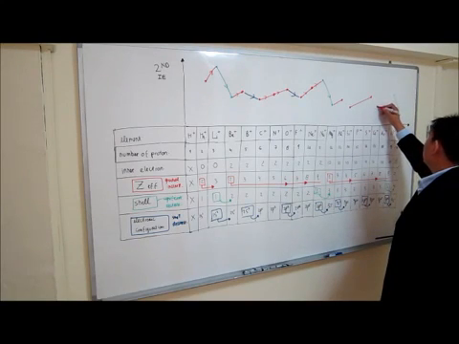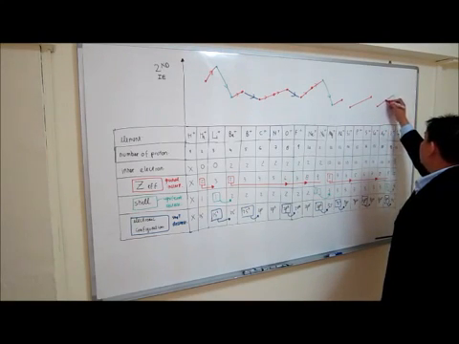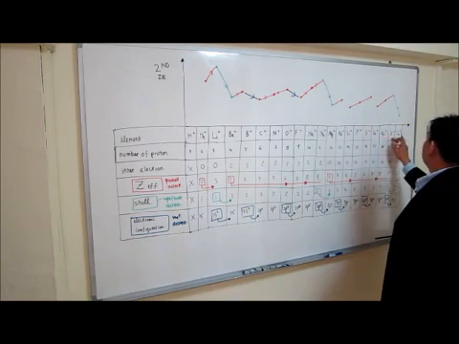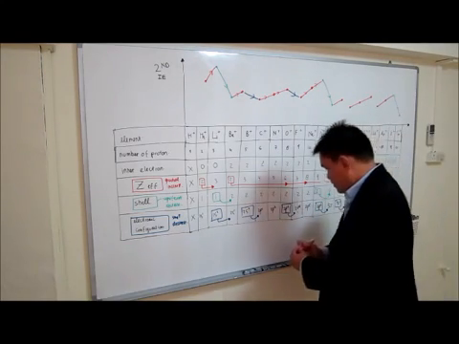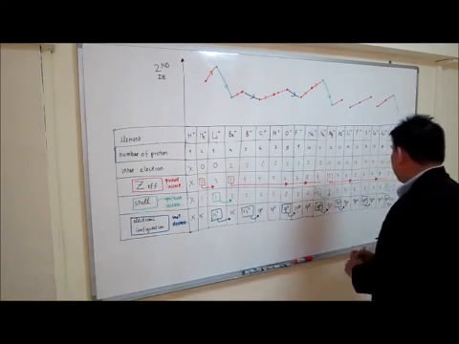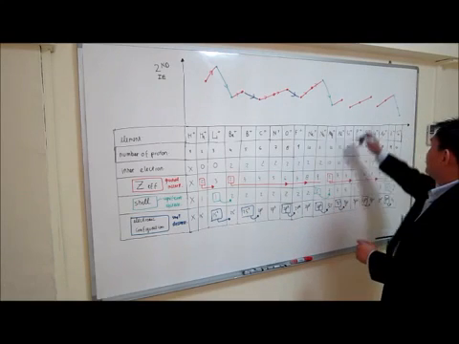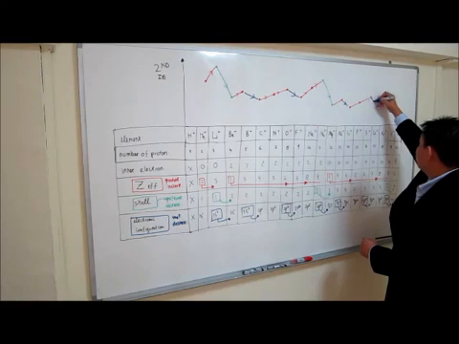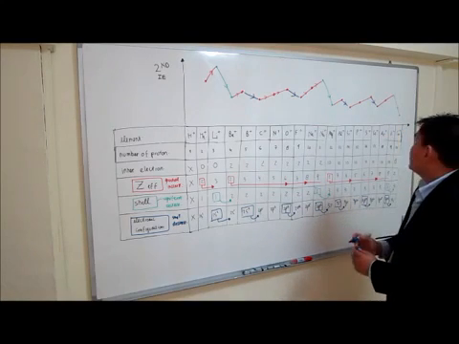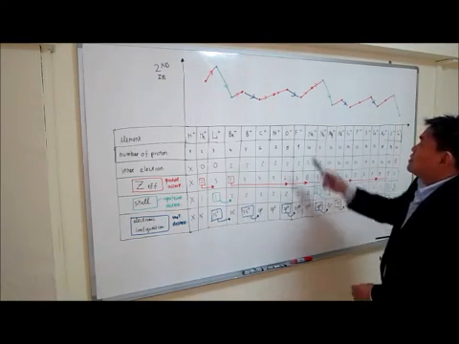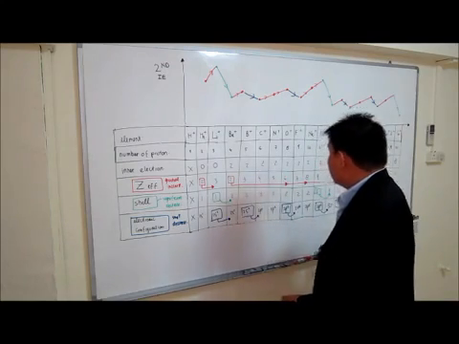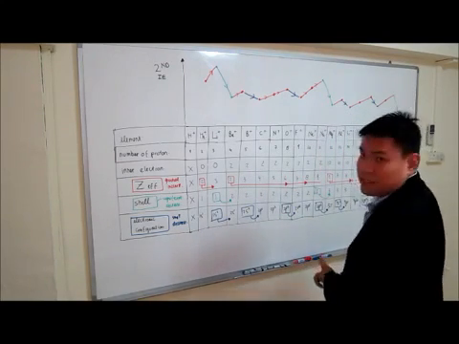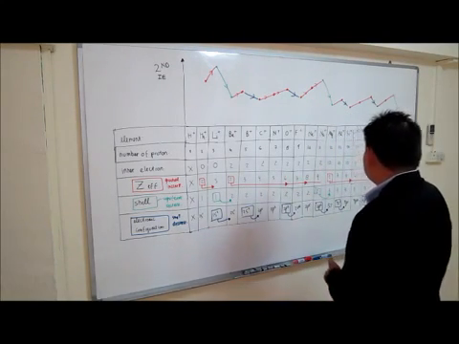Also gradual increase from chlorine to K plus. And there will be a gradual decrease from aluminium to silicon, and also from S plus to Cl plus. So this is how the second ionization energy graph looks like.